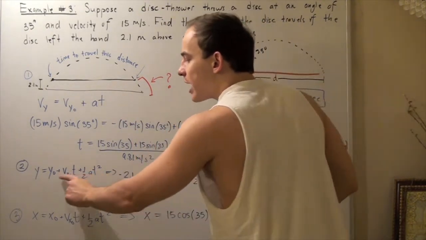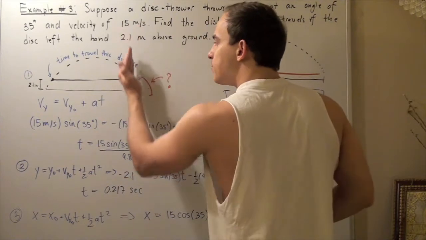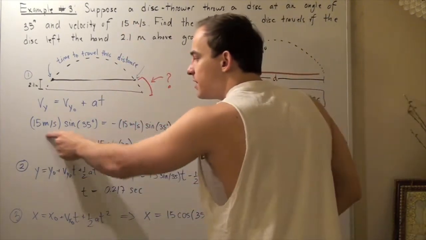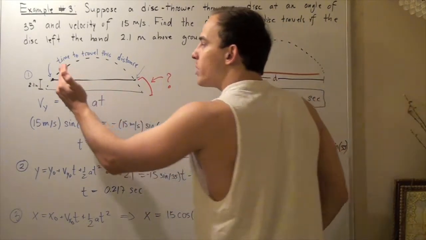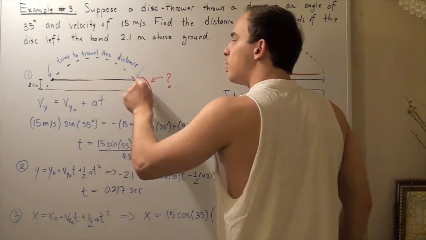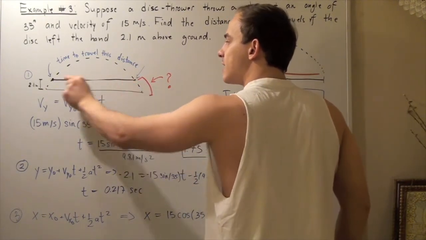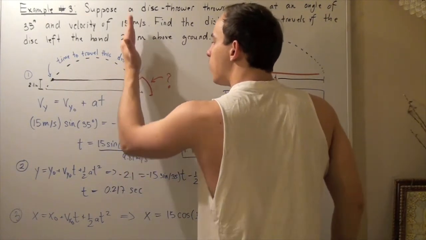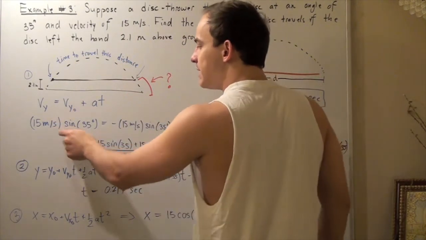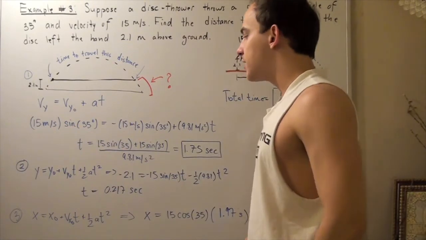We know what our velocity is at this point. So our initial velocity, we know it's simply negative of this amount. Because remember, whatever our disc begins with, it must end with at this x-axis, at this line. So at this point, it's the same magnitude but negative direction. So it's negative 15 meters per second times sine 35.